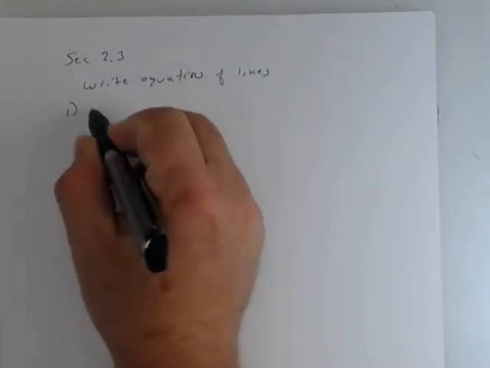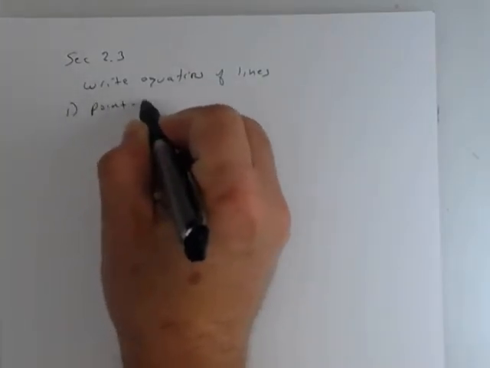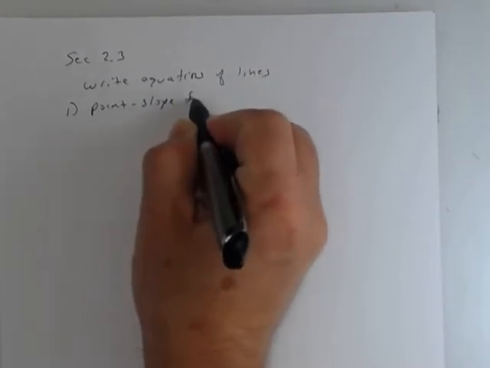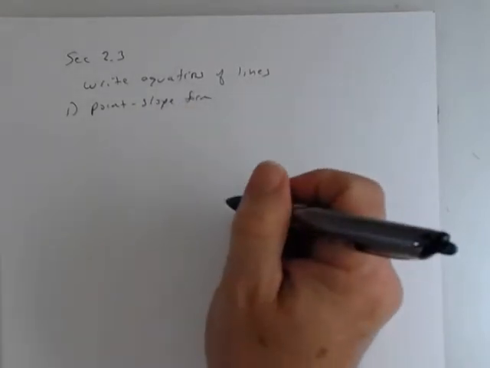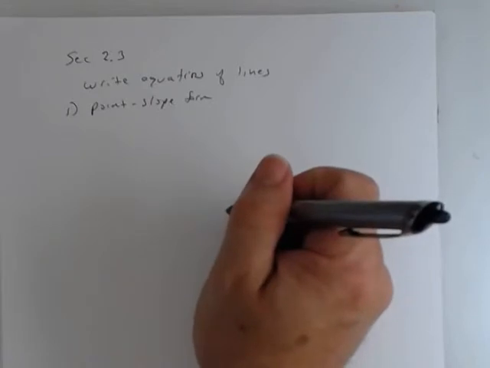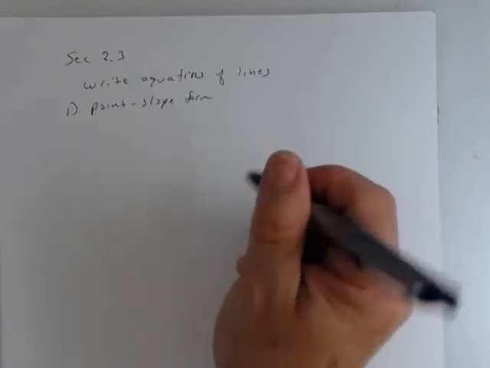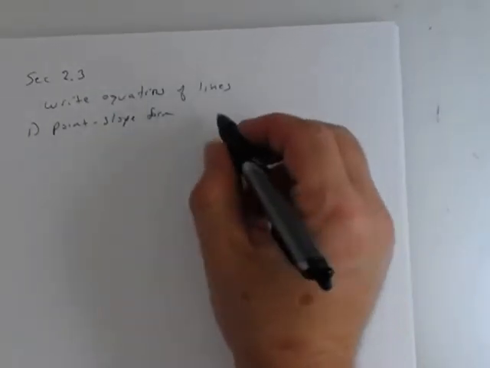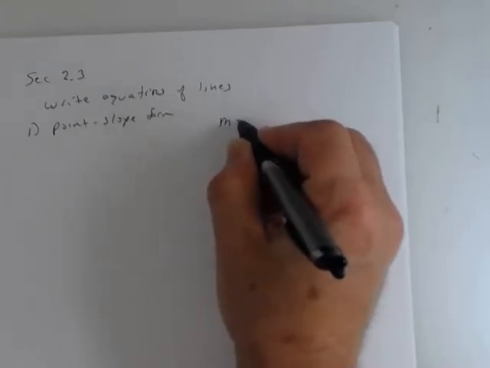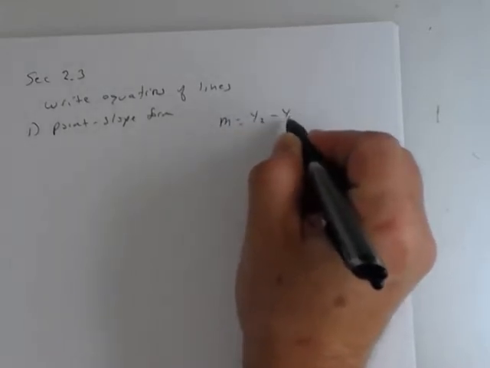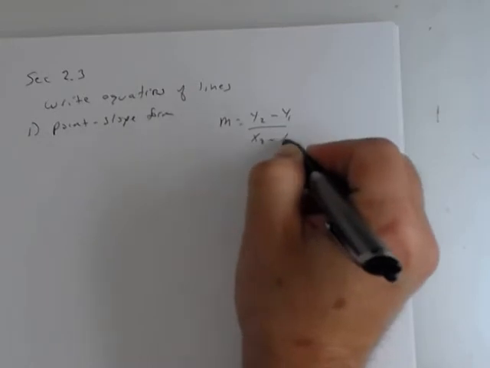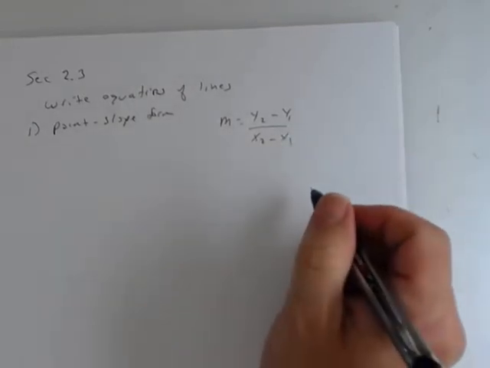The first one's called point-slope form. Basically, for point-slope form, you remember your slope formula is y2 minus y1 over x2 minus x1. Remember that?